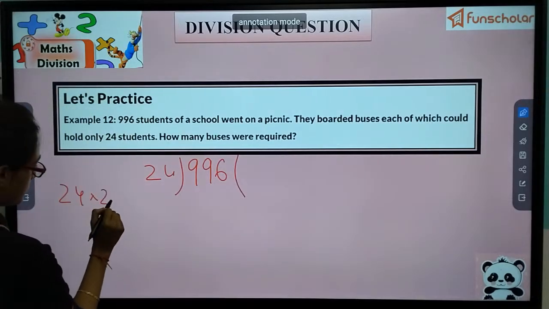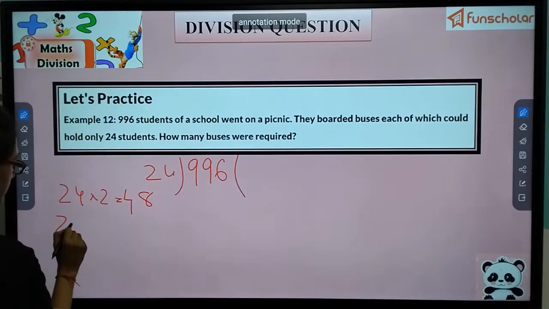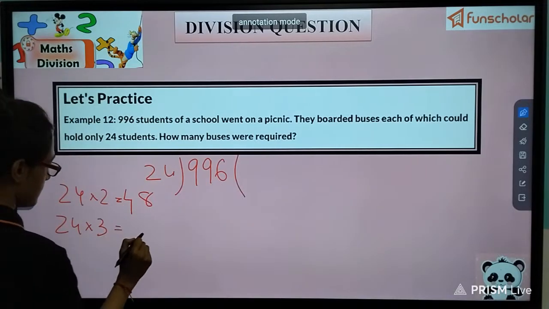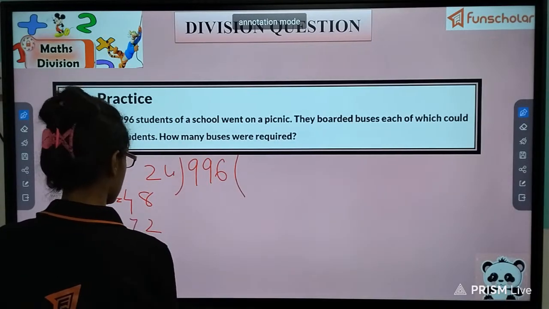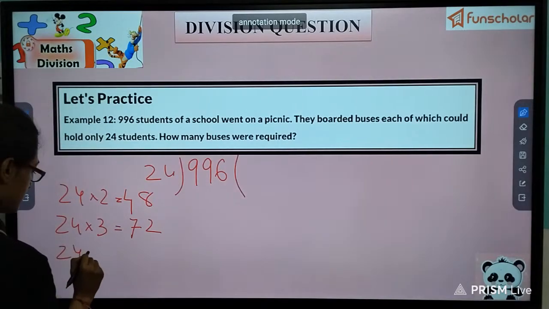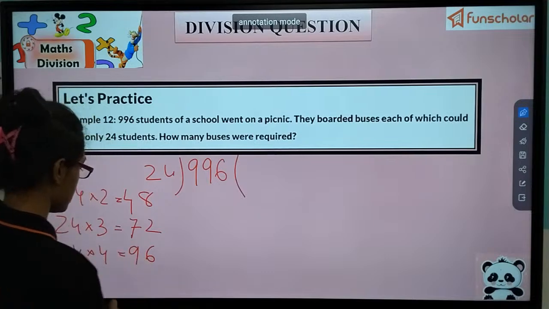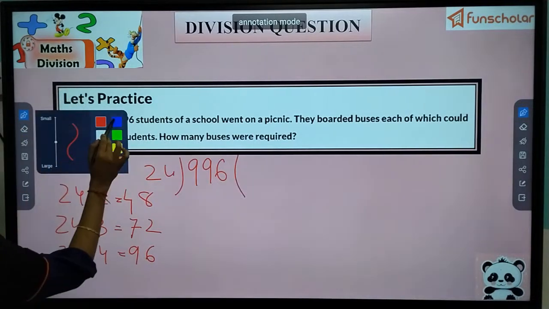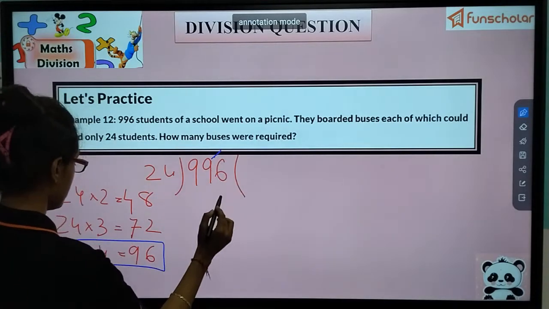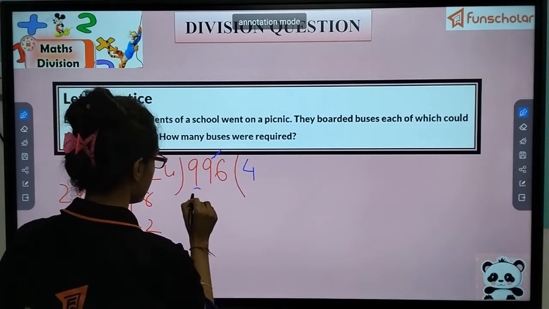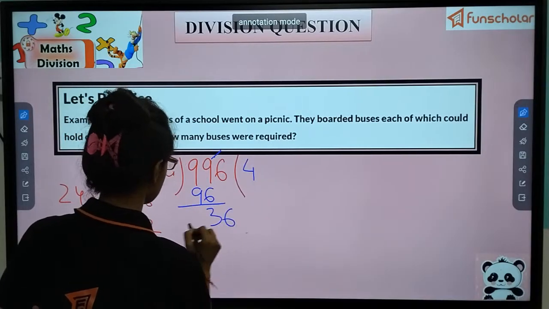24 into 2. 24 into 3. 24 into 4. So 96 over here is the nearest number. So 4s are, we are taking 96. 36.